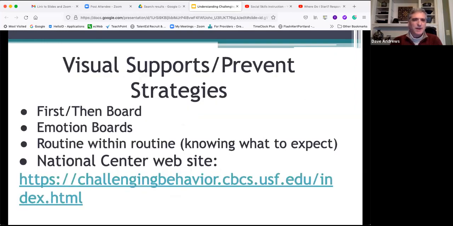So some other visuals that you may be familiar with are first-then boards. So that means that we're not just going to say to a child, first you got to do this, then you got to do this, then you'll get that. That might be too much. So what we want to do is show them the picture of first we're going to do this, then we'll do something else, something exciting.